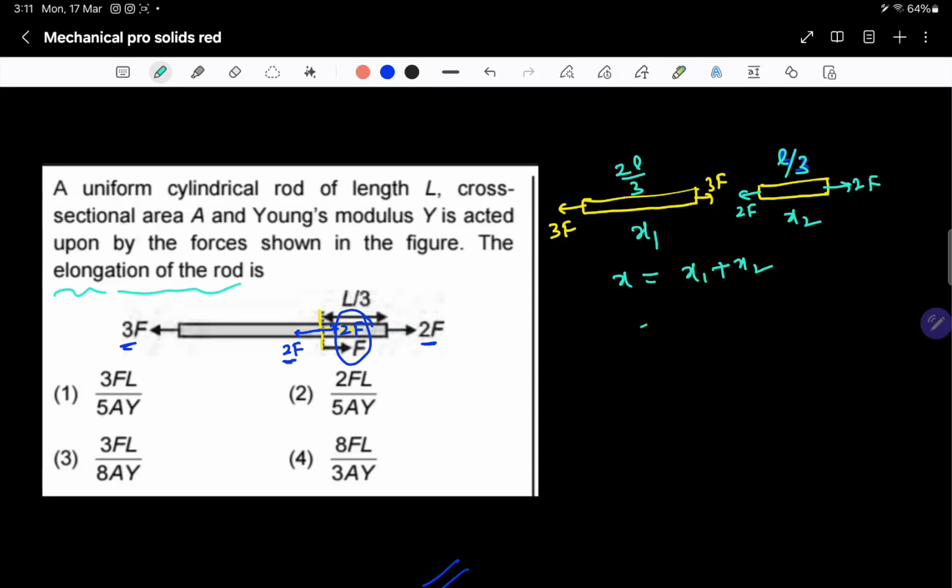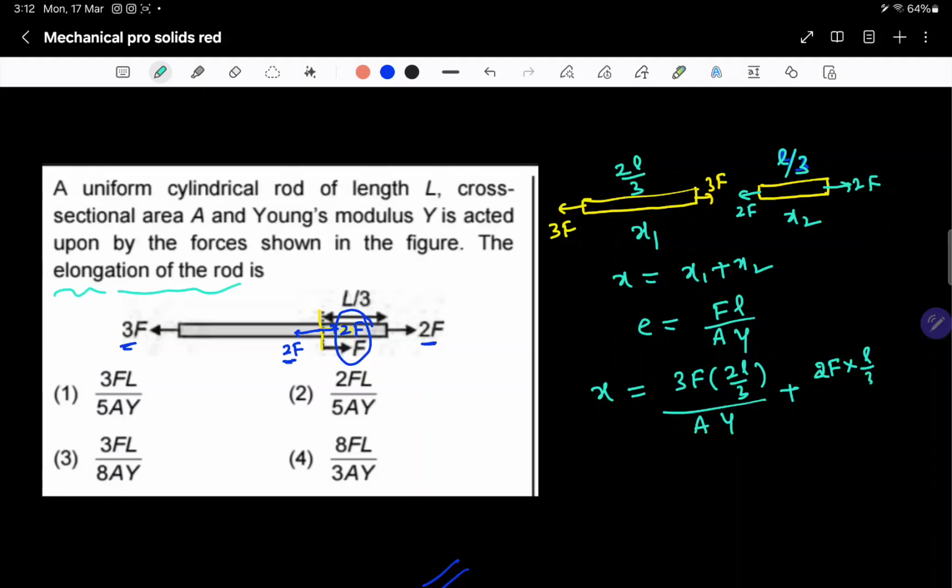You know elongation equals FL by AY. So for the first wire, students, the first wire elongation: force 3F, length 2L by 3, area of cross section A, Young's modulus Y, plus the second wire: force 2F, length L by 3, by area of cross section A into Y. So A into Y is common here.